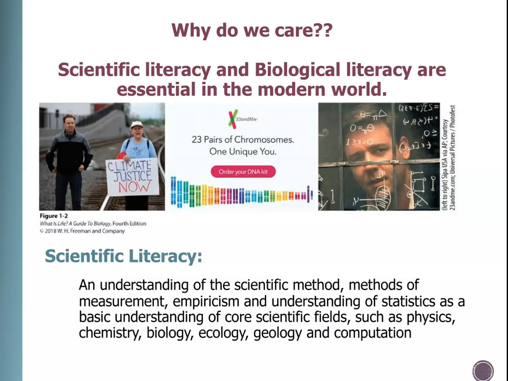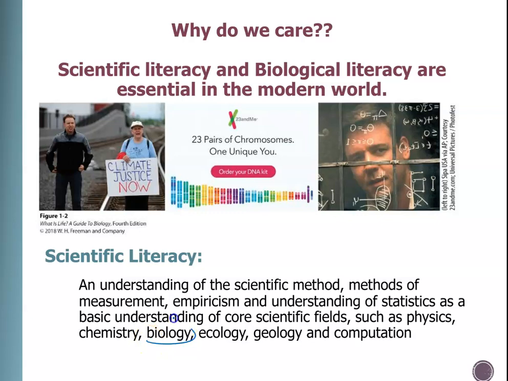So throughout this chapter, we're going to learn how to think scientifically, how to understand the scientific method. We're basically going to teach scientific literacy, which is understanding the process of science, how we measure things, what being empirical means, how understanding statistics can help us evaluate our data, and just generally having a basic understanding of scientific fields.